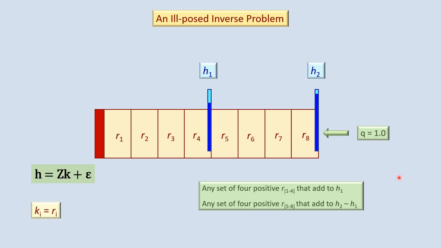That leaves 6 degrees of freedom to solve that problem, because there are an infinite number of ways in which I can select R1 to R8 such that R1 plus R2 plus R3 plus R4 equals H1, and R5 plus R6 plus R7 plus R8 equals H2 minus H1.